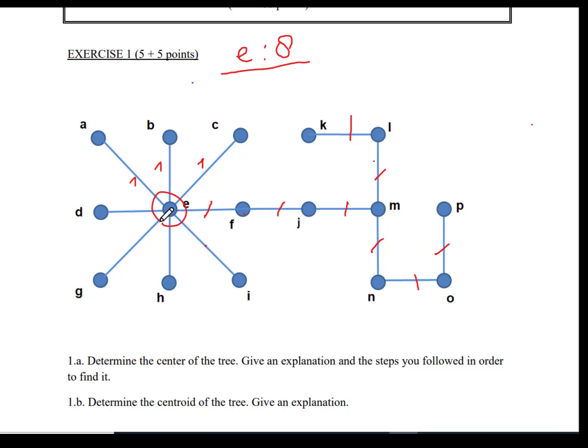Okay, if we look at F, then on the right side, the right tree is one less, that's 7. And on the left we have 1, 2, 3, 4, 5, 6, 7, 8. And so the max of F is also 8.